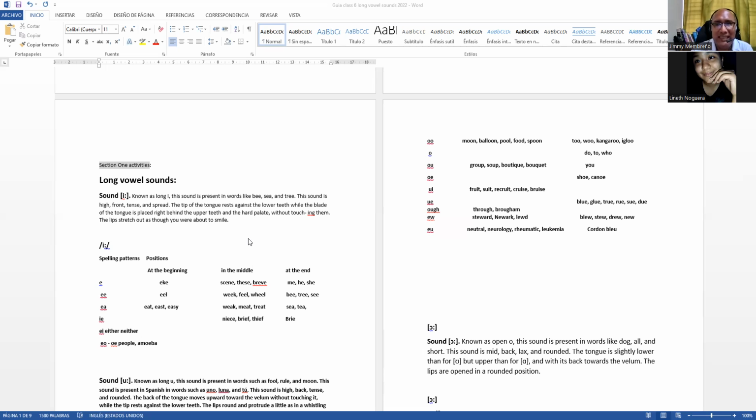Okay, so when I say E, look at my mouth. E, see? This is spread. E, E, okay? And my tongue is touching in the middle, all right? On the soft palate. Okay, so the E sound.